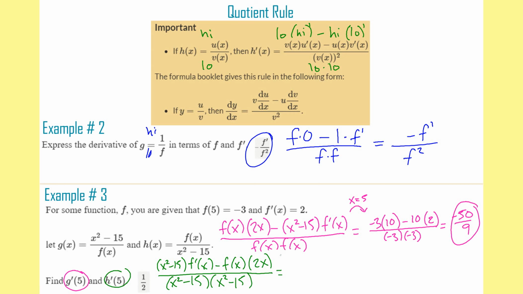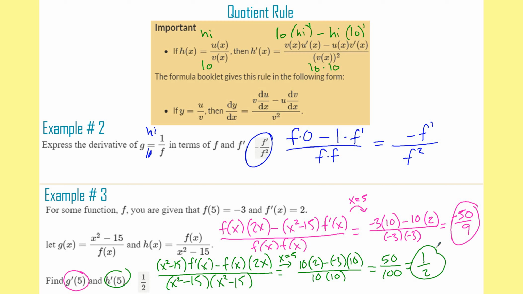So now we plug in x equals 5, and we get 10 times 2 minus negative 3 times 10, all over 10 times 10. So 20 plus 30 is 50 over 100, which is 1/2.